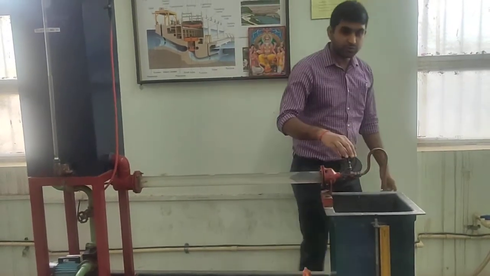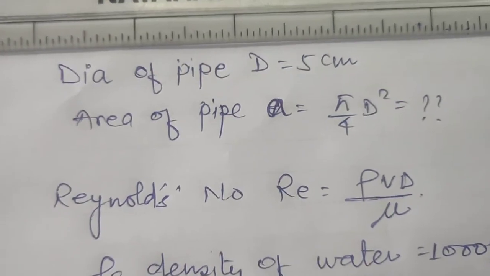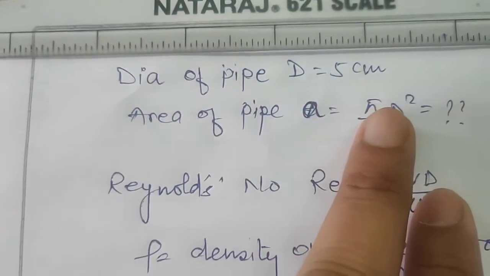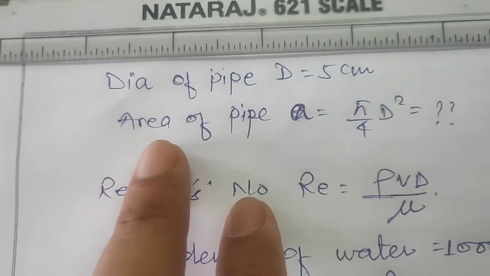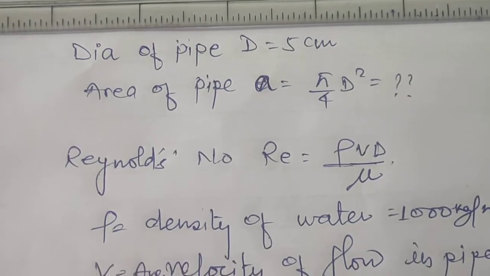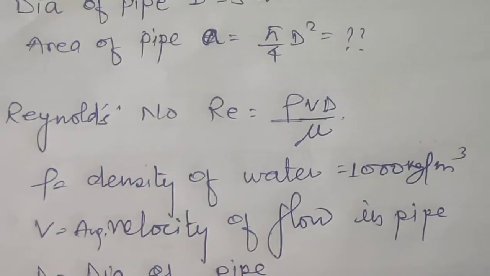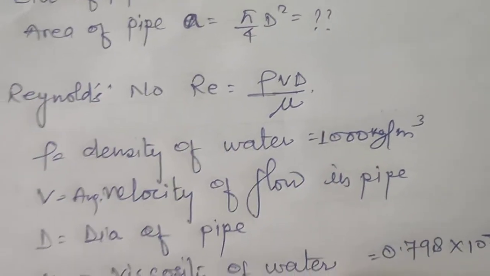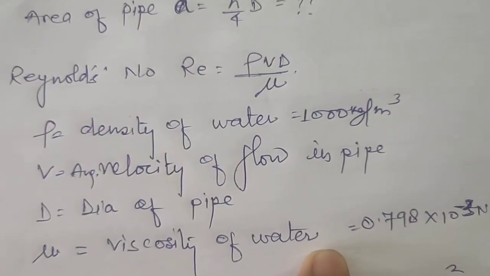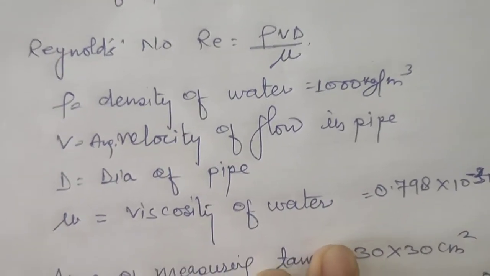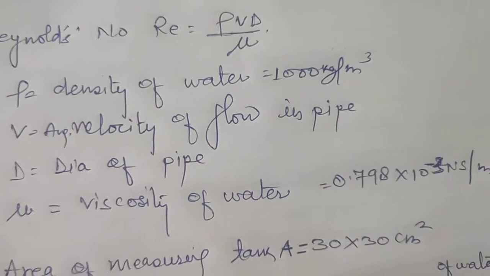We will do the calculation part. This is the calculation part. The diameter of the pipe, capital D, equals 5 centimeter. We can calculate the area of pipe with the help of pi by 4 d square. We can calculate the Reynolds number R equals rho v d by mu, where rho is the density of water, that is 1000 kg per cubic meter, v is the average velocity of flow in the pipe, d is the diameter of pipe, and mu is the viscosity of water.